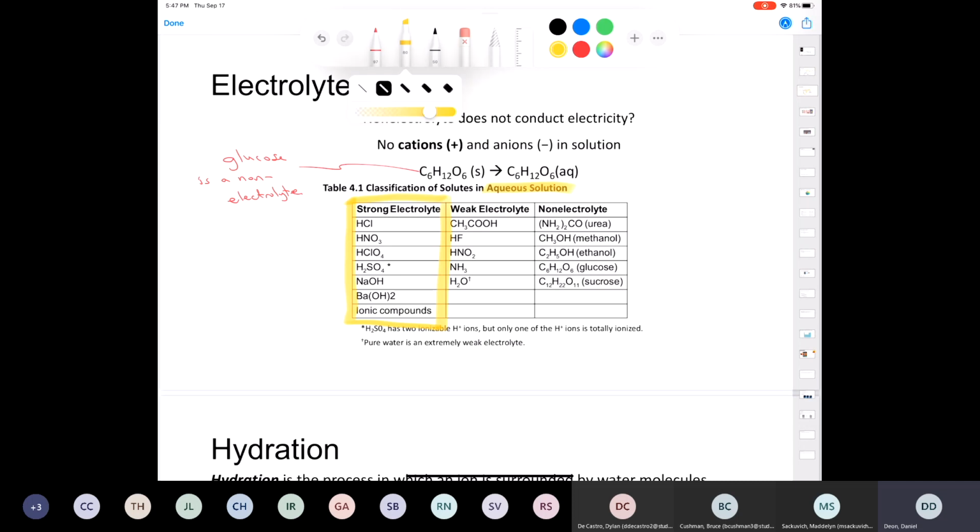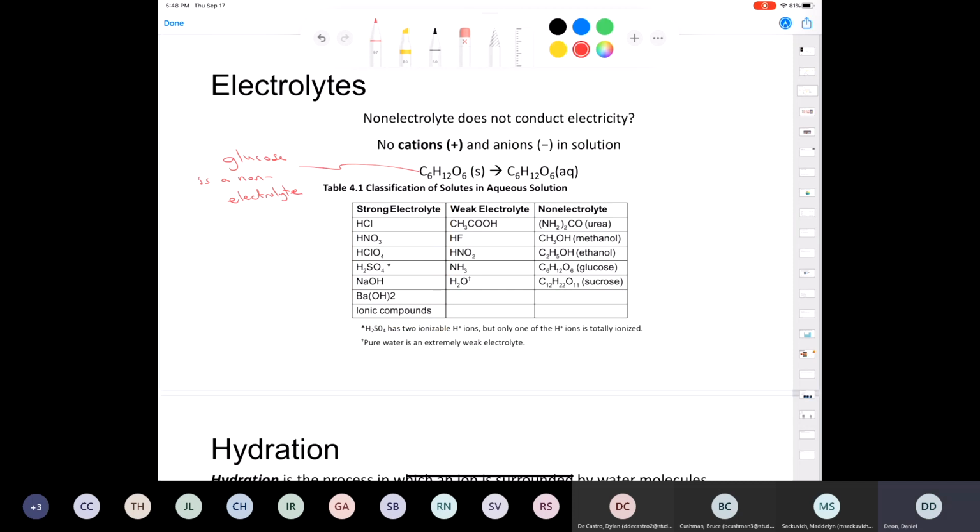And basically, at the end, whoever was writing this slide got tired and just said, oh, come on, it's just ionic compounds, right? It just said ionic compounds are going to be strong electrolytes. So strong electrolytes, to summarize, are going to be ionic compounds plus these acids and bases. And if you're like, which ones are acids and bases? Well, I can go over that again as well.